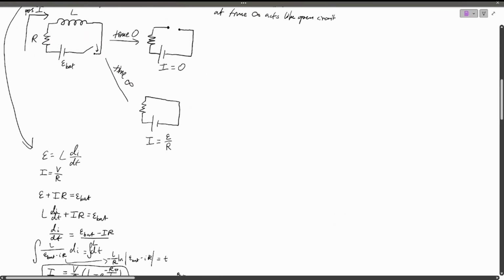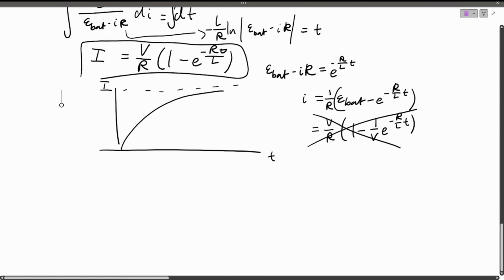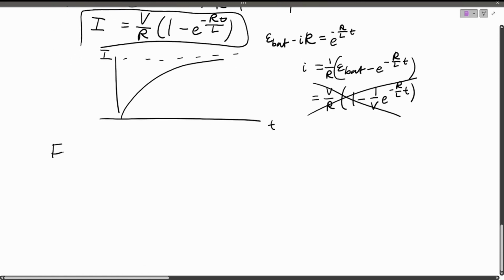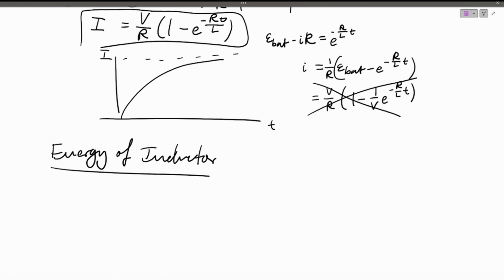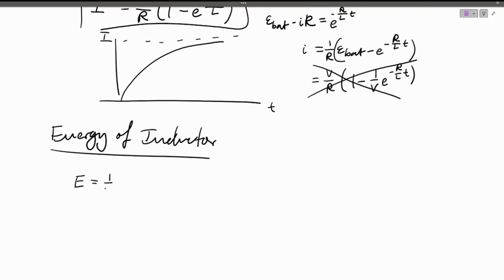Okay, right. So from there, next thing I suppose is energy of an inductor. This is just something that can pop up every once in a while on a circuits problem. It's just 1 over 2 L I squared. Hopefully this is pretty easy to remember.